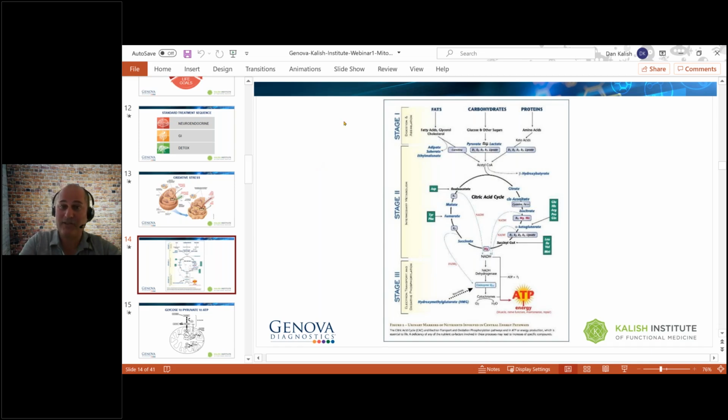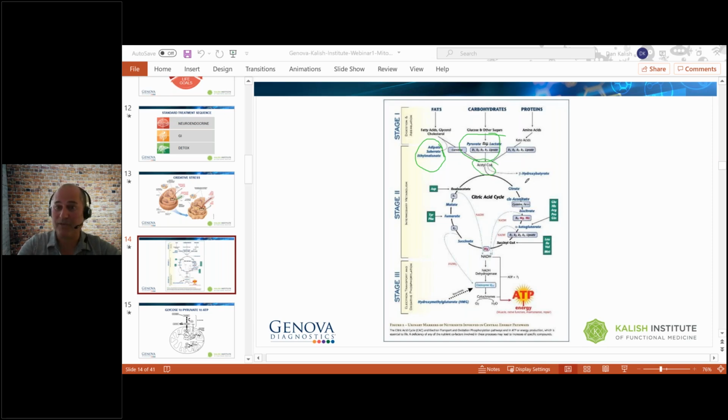Now, the very interesting thing about this is that you can measure each one of these steps with great precision and know exactly what part of what pathway is not working. You can measure these markers here to see if fatty acids are being turned into fuel properly or not. You can measure pyruvate and lactate quite precisely to see if carbohydrates or glucose is getting converted into acetyl-CoA for energy or not.